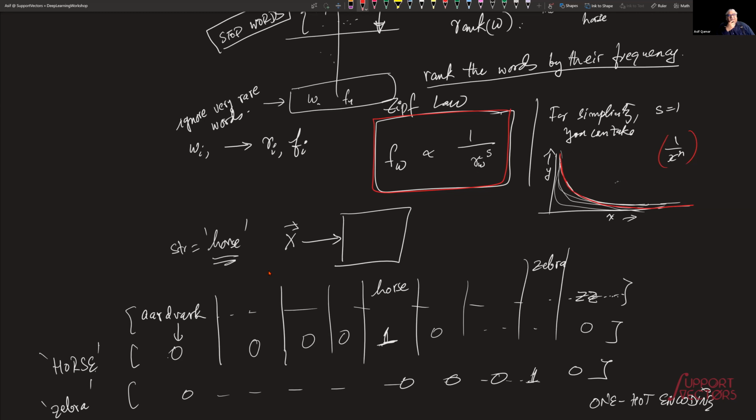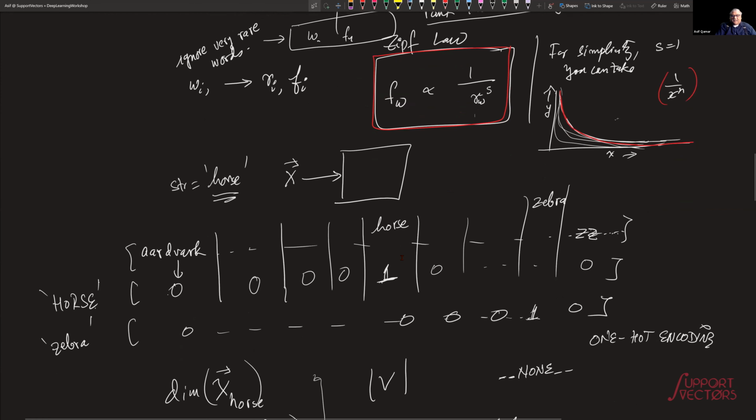The first time I encountered it, I was like, where did suddenly physics come in? But then it turns out that it's just a notion that people use sometimes. So it is some power of that. So the frequency is inversely proportional to rank.